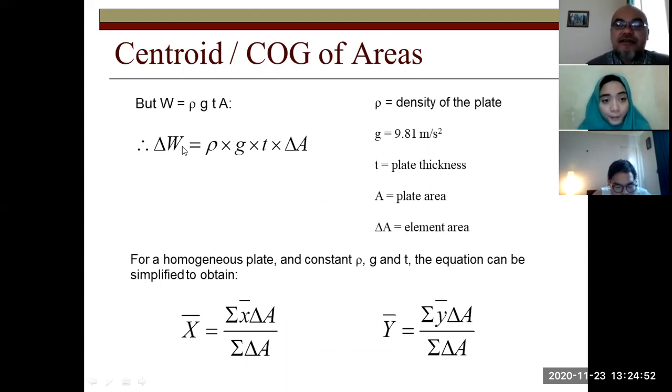However, how do we calculate delta W? Since it is a plate having a uniform thickness, delta W equals rho, the density of the plate, times the gravity acceleration g, times the thickness t, times delta A. Delta A here is the surface area of that small element.